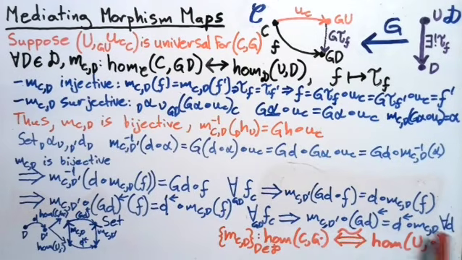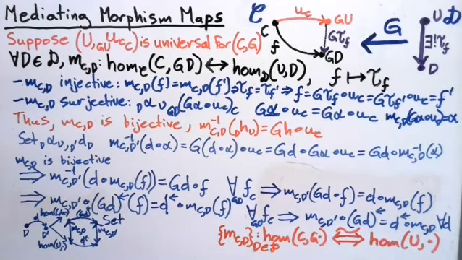Right? So to sum up, because this equation is true for every D, that means that this commutativity square, which is this equation here, is true for every component D. And so there's a natural transformation going from this composite home functor, home C G blank, to the home functor home U blank. And not only that, because every component we know is a bijection, this forms a natural isomorphism. So that's pretty cool, right?